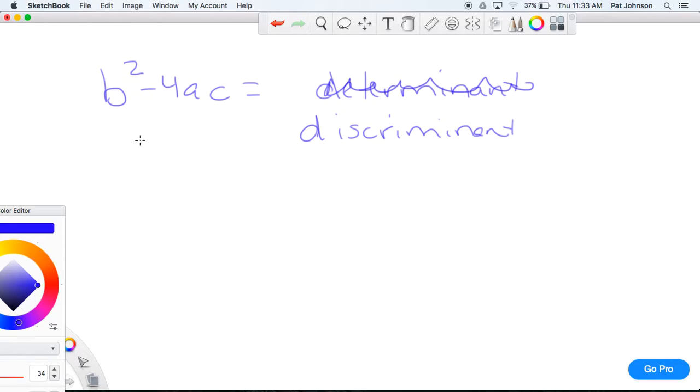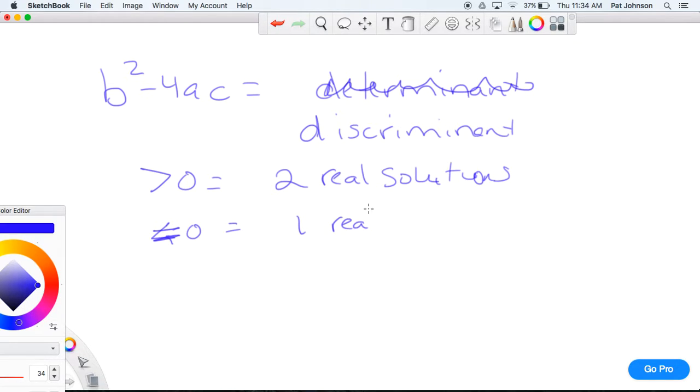If you turn to page 268, you will see the chart. If the discriminant is greater than 0, we're going to have 2 real solutions, and they can be rational or irrational. If it is equal to 0, then we're going to have 1 real solution.